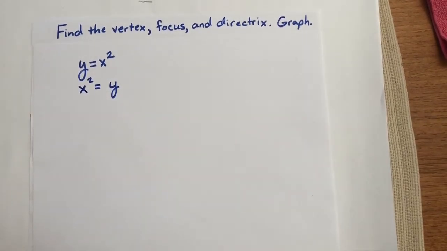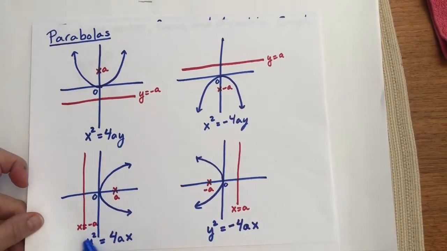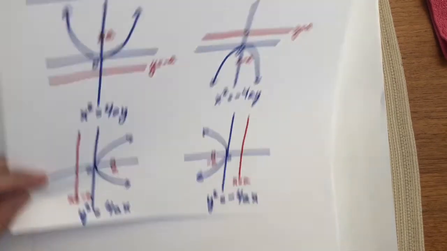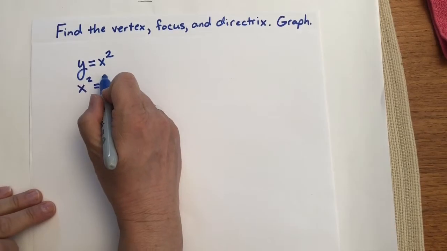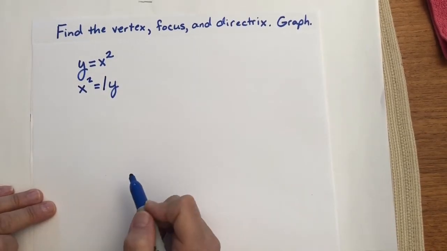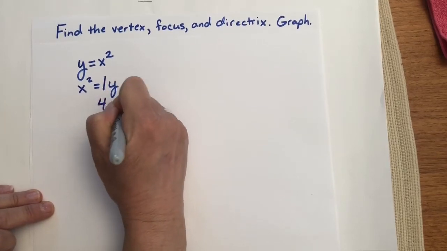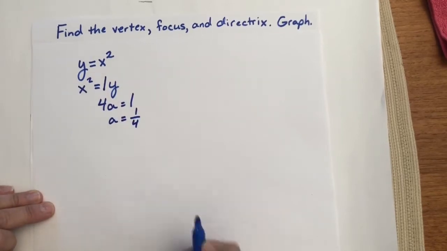Now you don't have to, but in general I write them in this form with my quadratic term on my left and the linear term on the right. Unnecessary, but I just feel more comfortable if I do that. Let me remind you that the coefficient here would be 1. So our 4a in this case is equal to 1, which makes a equal to 1/4.